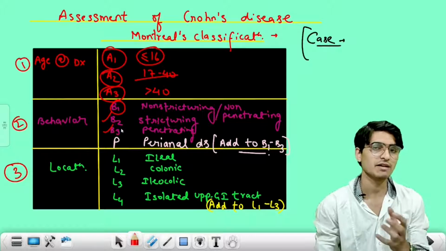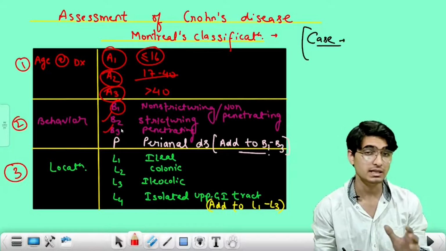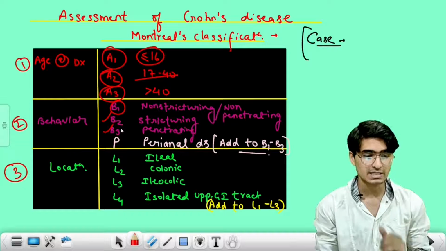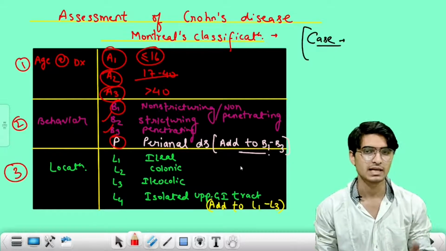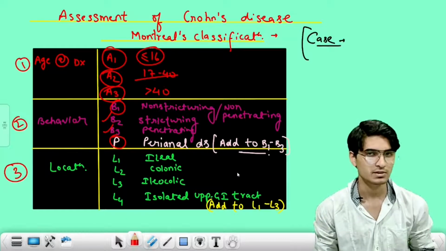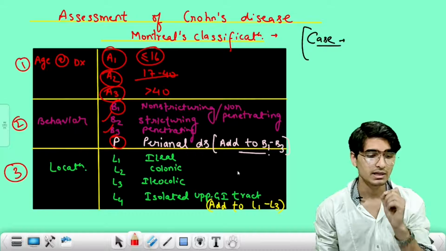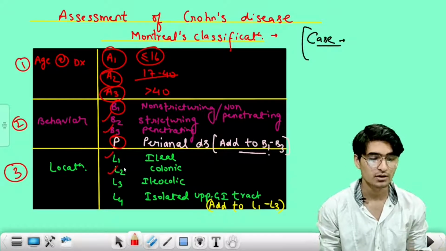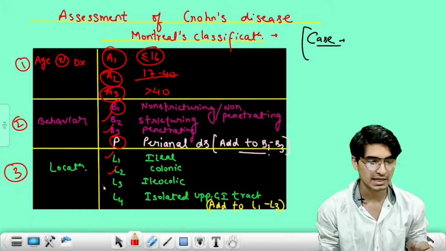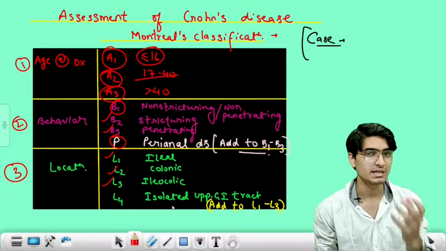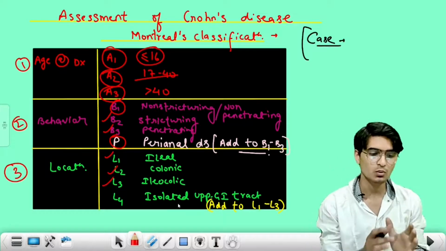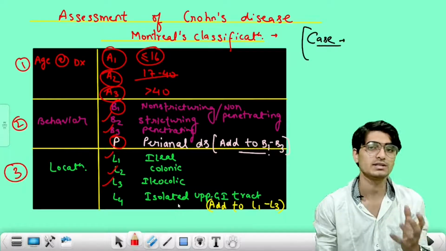And when the patient has perineal involvement, that is fistula or fissures at the perineum, that is categorized as P. Subsequently, the location of the lesions: when the lesion is present at the ileum, name it L1, and for colonic lesions, L2. For ileocolic lesions, L3 is there, and L4 means isolated upper GI involvement. So this is the picture, and this is Montreal's classification.